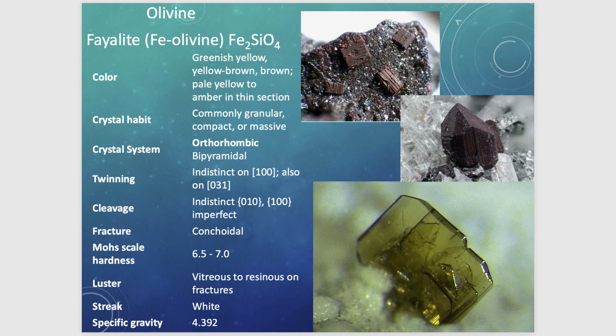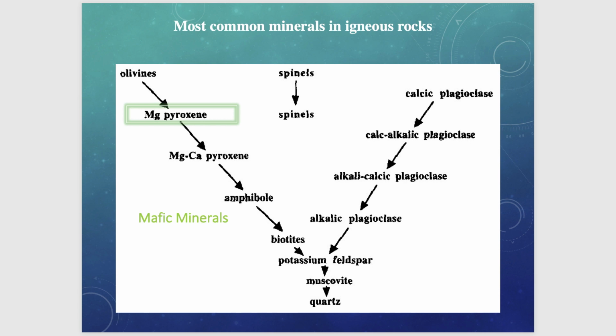Other things we can, I think, move into the magnesium pyroxene now and discuss the transition of olivines into magnesium pyroxene. So we essentially increase the complexity of the structure and move into minerals that, instead of being isolated tetrahedrons like in the olivines, become chains.